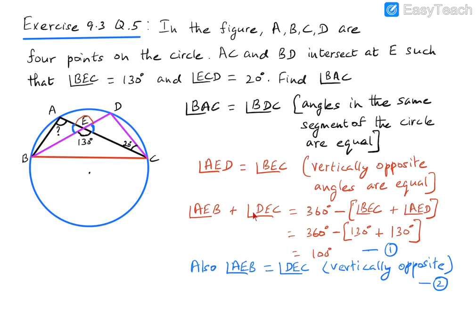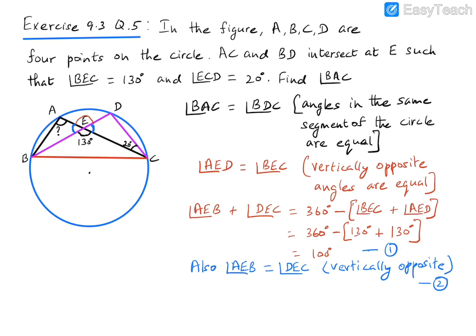Now from these two relationships, that is angle AEB plus DEC is 100 degrees, which we've represented as equation 1, and we also have that angle AEB and angle DEC are equal, which we denote as equation 2. From these two equations, we can say that angle AEB and DEC are both equal to 50 degrees, because they are equal and their sum should be 100 degrees.